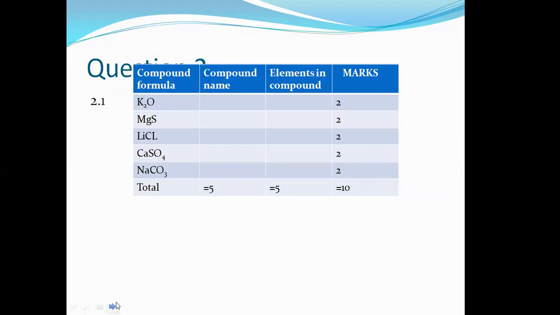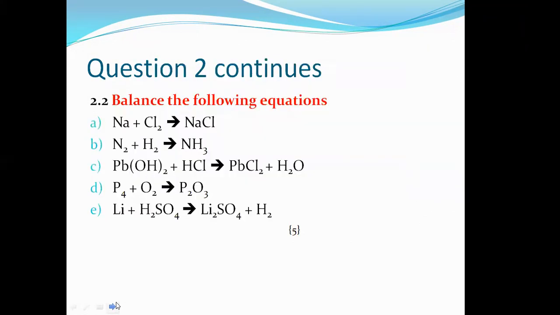Then we went on to question 2 again. 2.2, you were supposed to balance this equation. These equations, actually, it's not one, it's 5 of them. You were supposed to balance them.